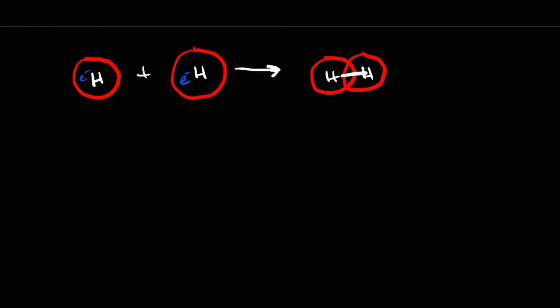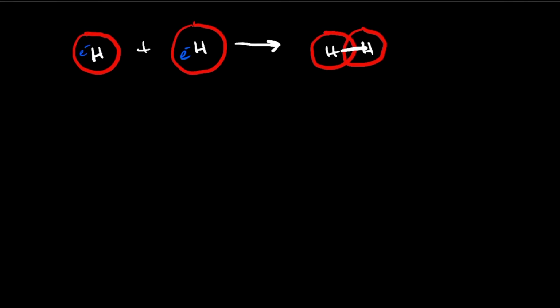Hydrogen gas. And down here I drew an energy landscape. What does this actually look like? I drew something that looks like this, where you've got an energy axis, and I said you come with two hydrogens, and both of those are 1s orbitals, and each one comes with one electron.